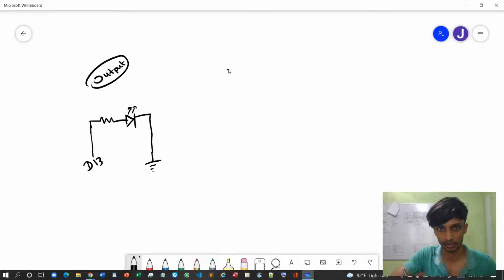When it comes to the input scenario, there is a push button. The push button we basically represent in this way. Here I can connect a resistor like this, and this is grounded.